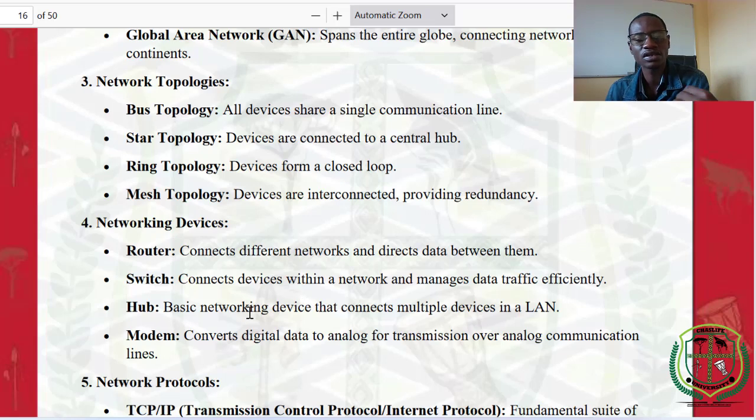Then thirdly, there's what we call a hub. A hub is a basic networking device that connects multiple devices in a local area network.